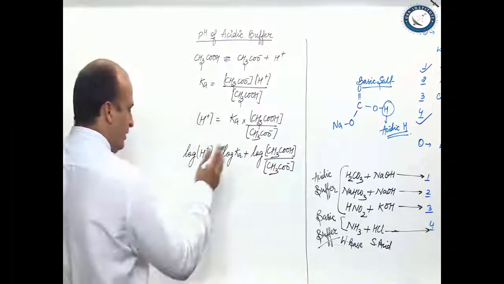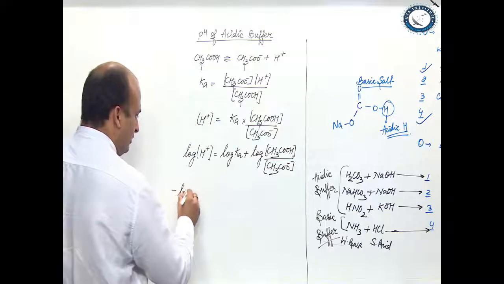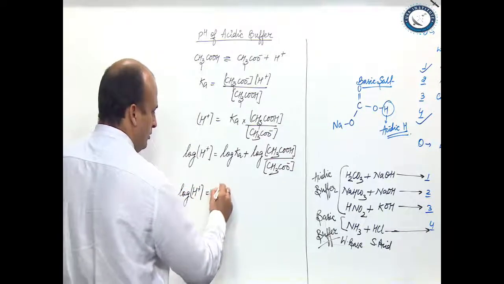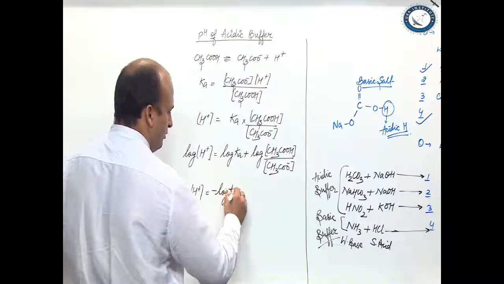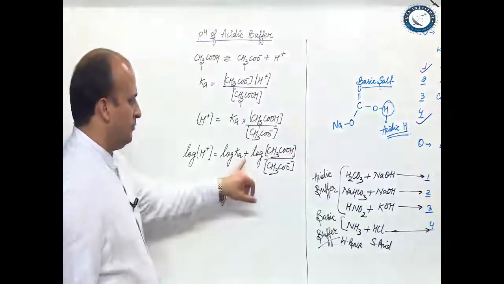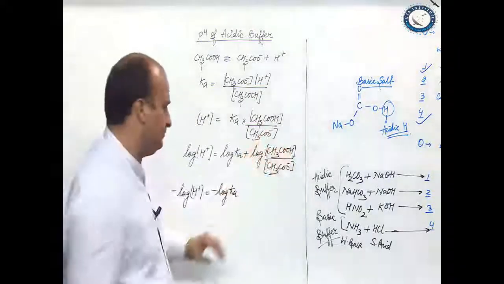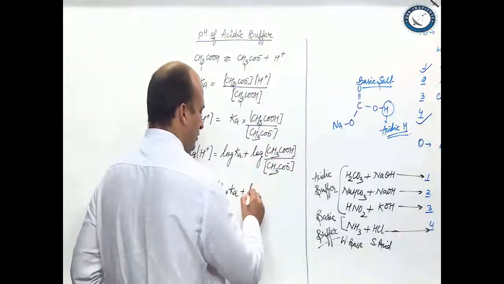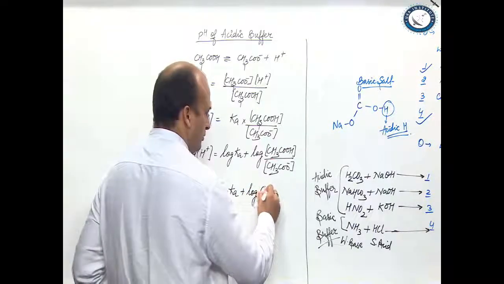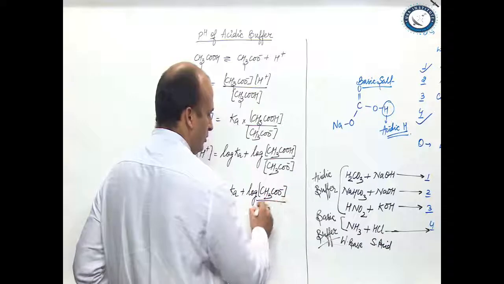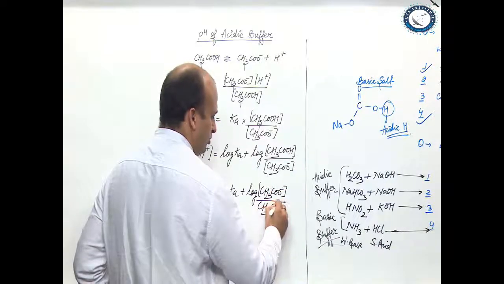Now take a negative sign on both the sides, you'll get minus log of H plus, minus log of Ka, and here instead of putting minus over here, I am inverting it. So this will be log of CH3CO minus by CH3COOH.